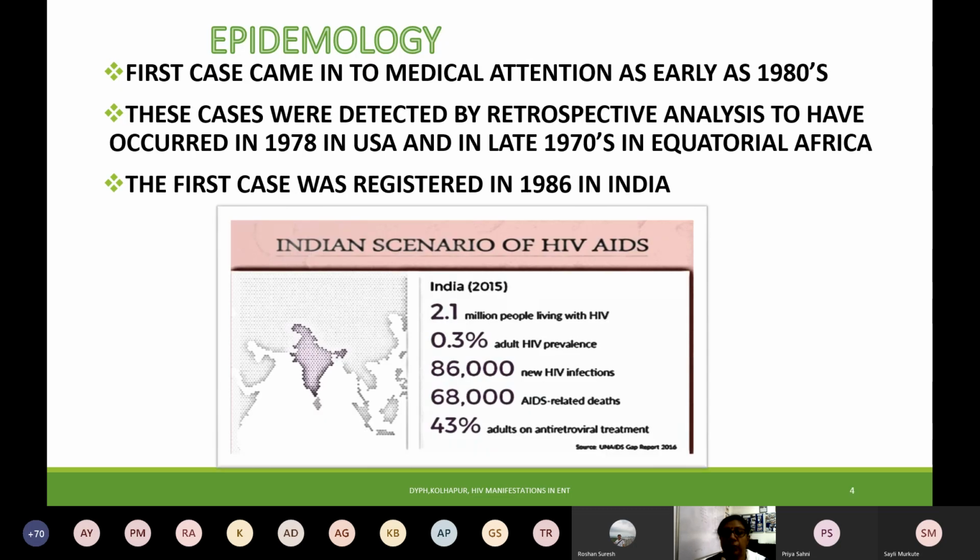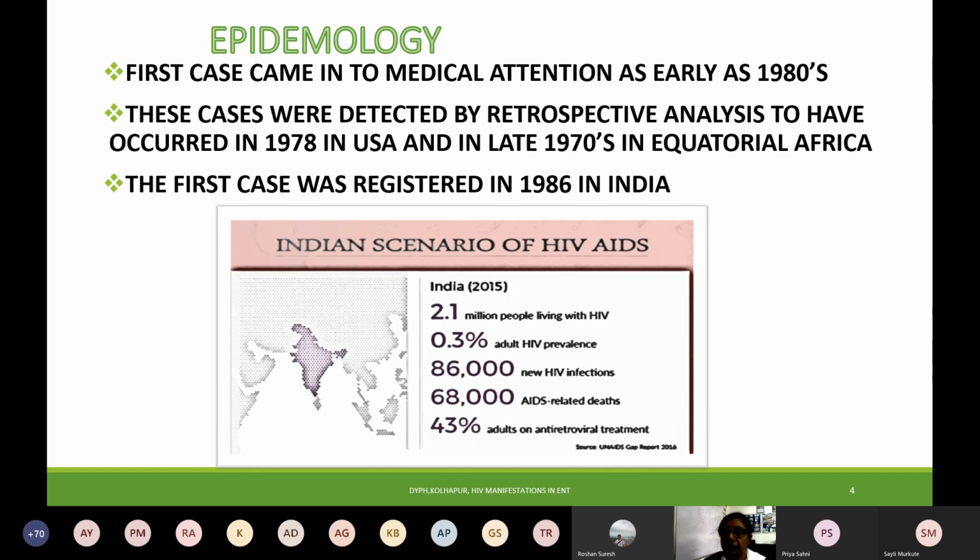About the epidemiology, the first case was detected in 1980, and these cases were detected by prospective analysis to have occurred in 1978 in the USA and late in 1970 in Equatorial Africa. The first case in India was registered in 1986.